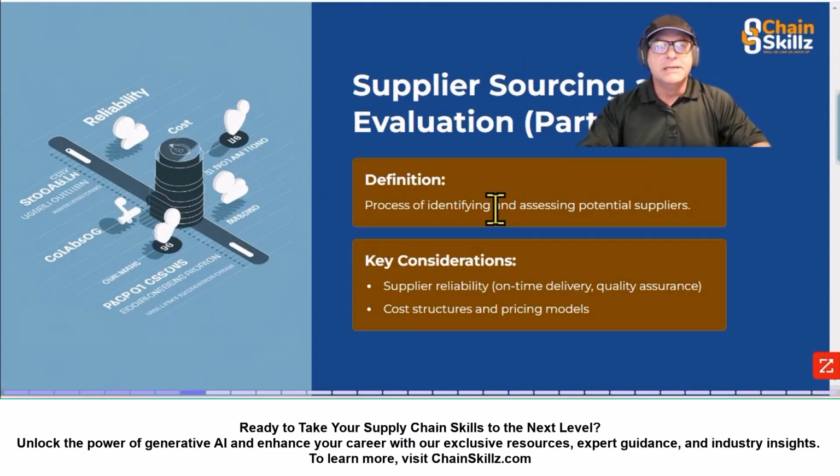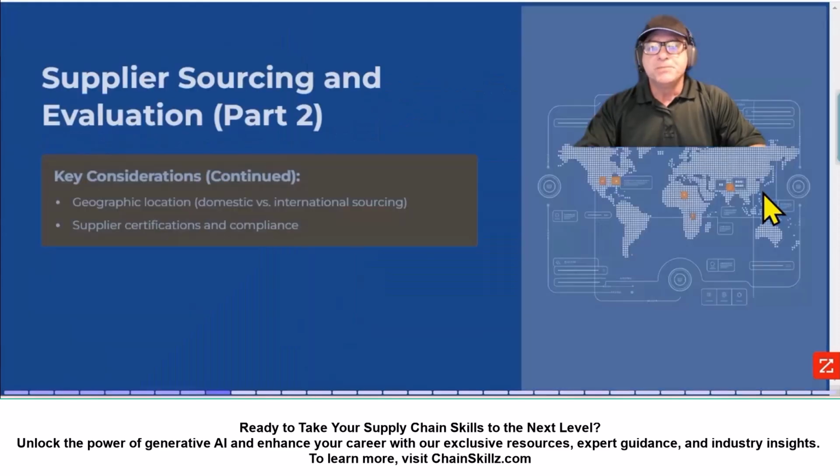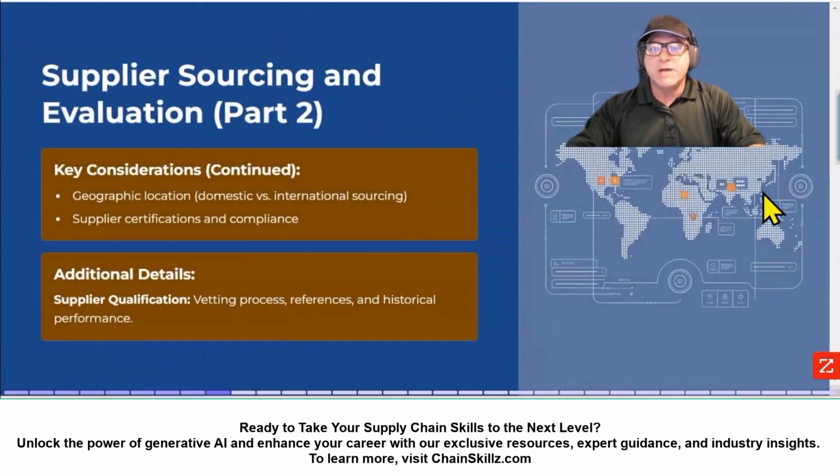So supplier sourcing and evaluation is the process of identifying and assessing potential suppliers. We're going to look at their reliability, on-time delivery, quality assurance, cost structures and pricing models, their geographic location, their certification and compliance, and other issues like the vetting processes, references, and historical performance.